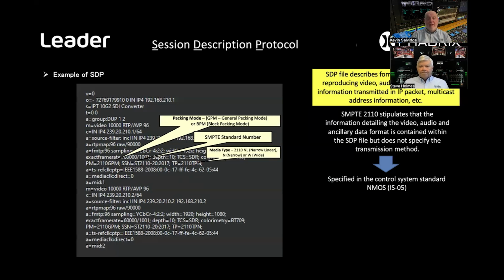And then finally, we have the media type. So it's 2110, and that can be narrow linear, narrow, or wide. And we've talked about those before when we've talked about 2110-21, how the sender and the receiver have to expect to receive the packets within certain windows for them to be able to operate correctly, Steve. Absolutely, Kevin.